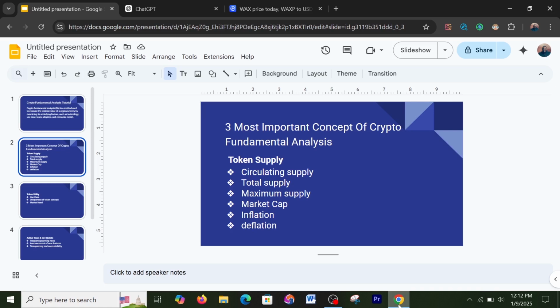It's the same thing with Shiba Inu, and it's one of the major reasons why its value skyrocketed over time, because the token supply continues to reduce over time. And the tokens that experience token inflation, examples are Ethereum and Dogecoin.